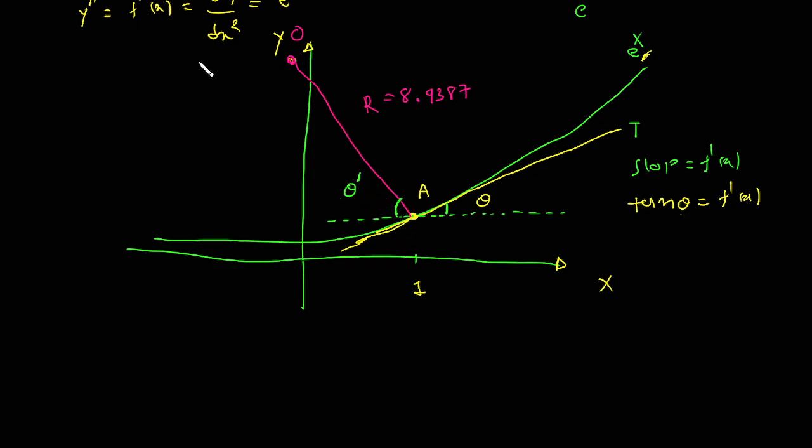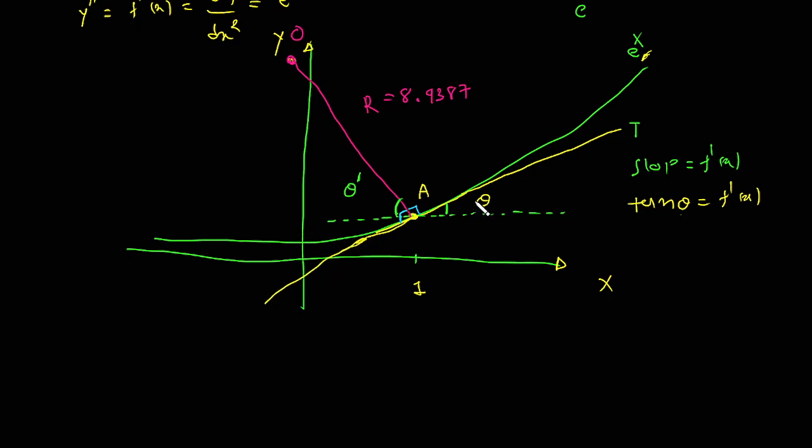Recall that this radius is also perpendicular to this tangent at this particular point. If it represents a circle with center at O and this radius, then it must be perpendicular to the tangent on the circle. So this angle will be 90 degrees, and on the back side we also get 90 degrees. From symmetry, if this angle is theta between this yellow line and this green dotted line, let's extend this line also.